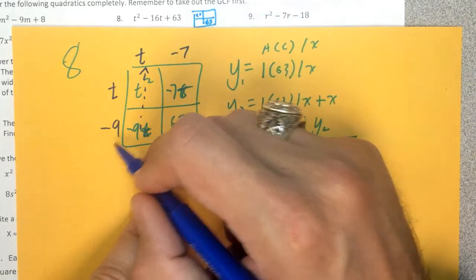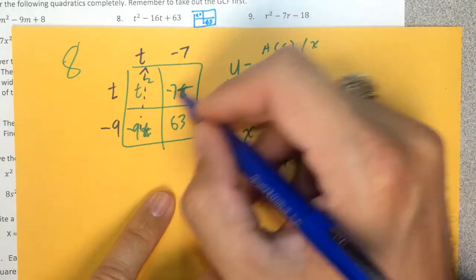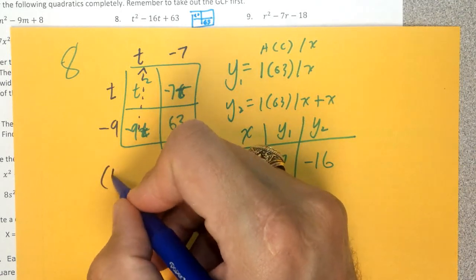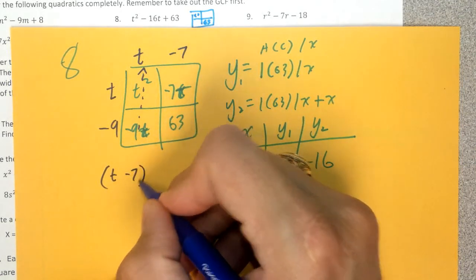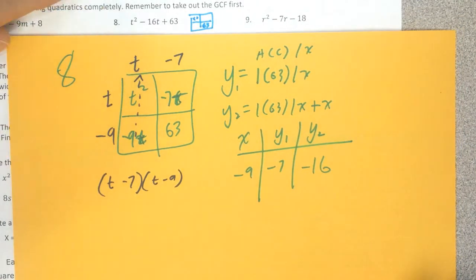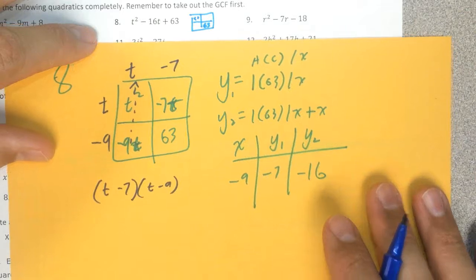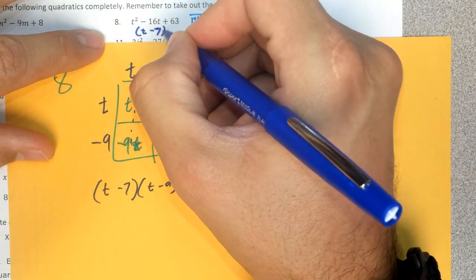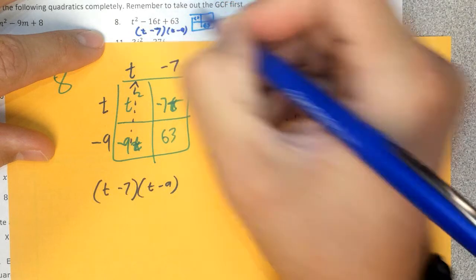Negative 7 times negative 9 is 63. Those are good values. So my factored form for this is t minus 7 times t minus 9. That's number 8. So that's going to be t minus 7, t minus 9.